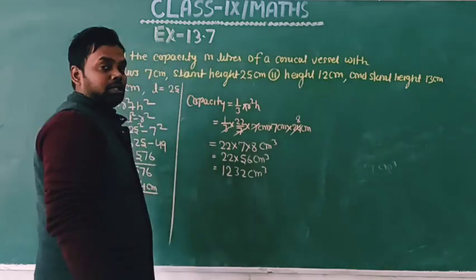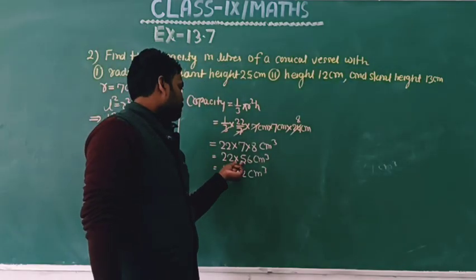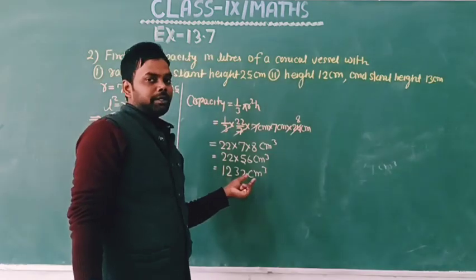The product of 22 and 56 is 1232 centimeter cube.